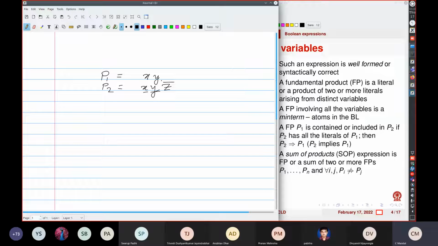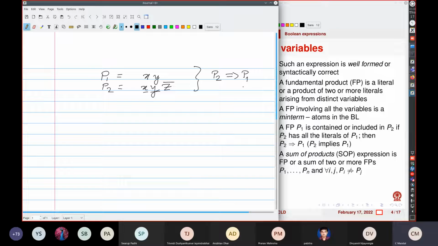So it is saying that fundamental product P1 is included in P2. Okay, so this is of course the terminology, but here, as you can see, P2 implies P1. So this terminology, you have to be a bit careful.